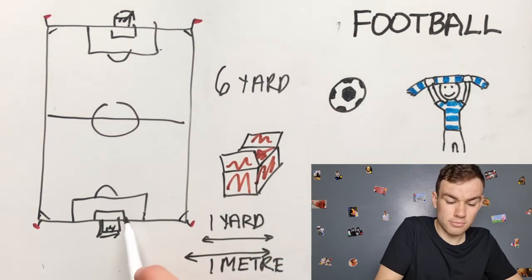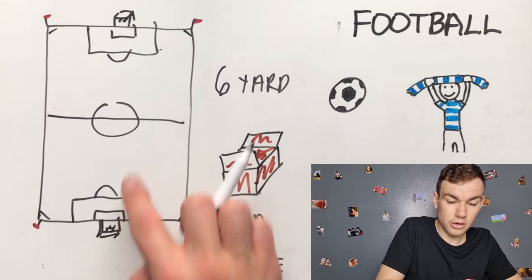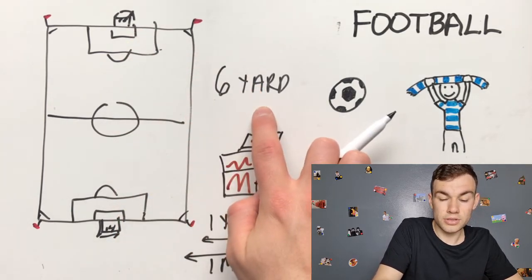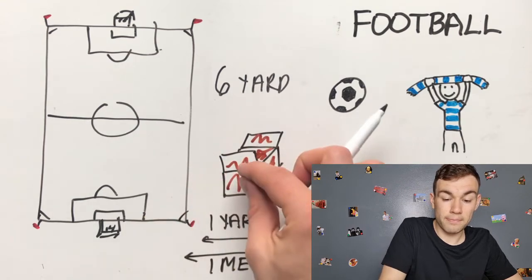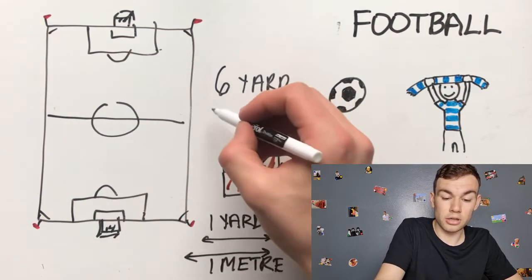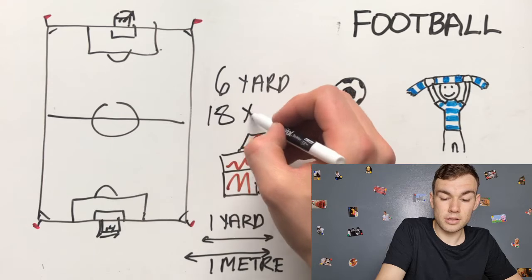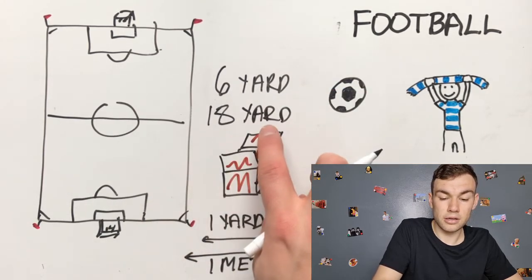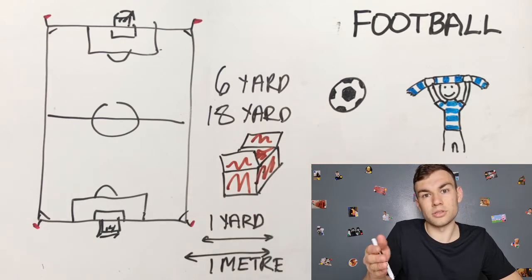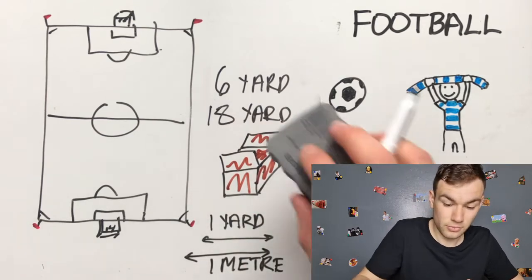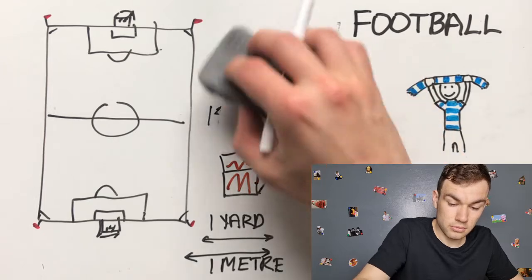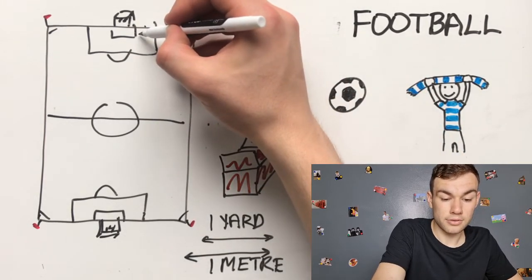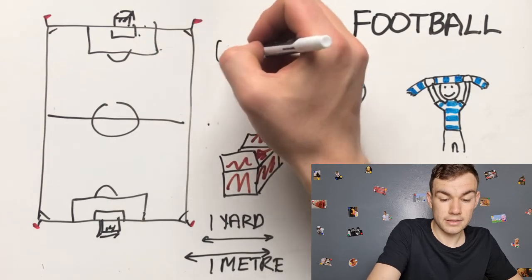So the smaller boxes are called the 6-yard boxes, and the bigger boxes are called the 18-yard boxes. 18-yard boxes, or just box. Because from the goal line to here is 6 yards.